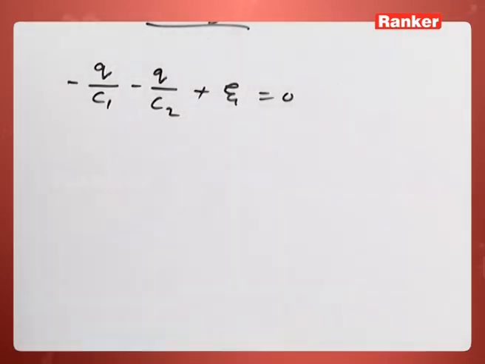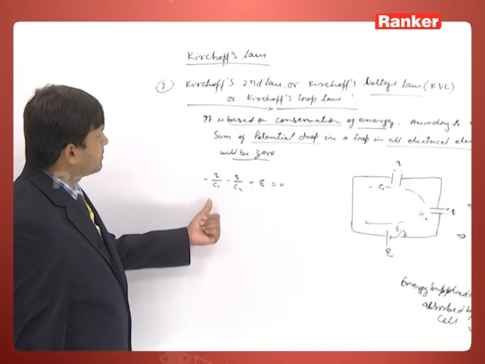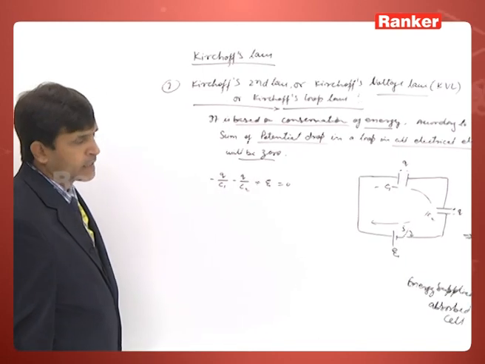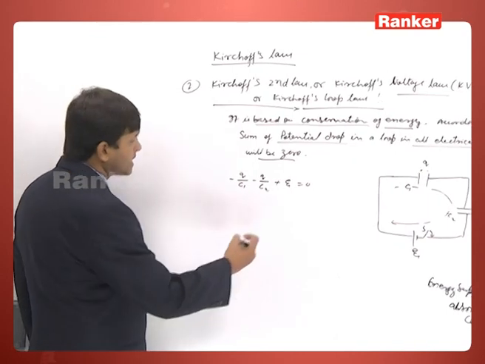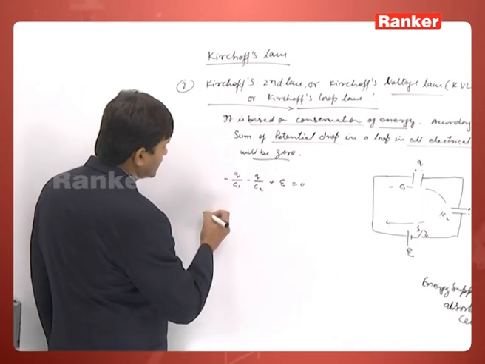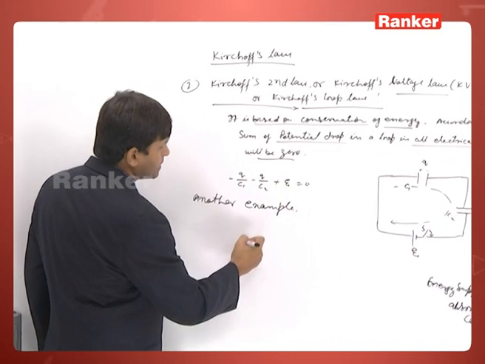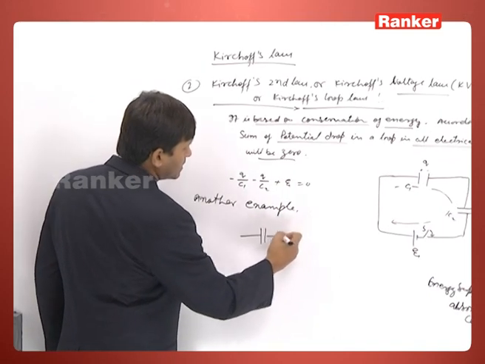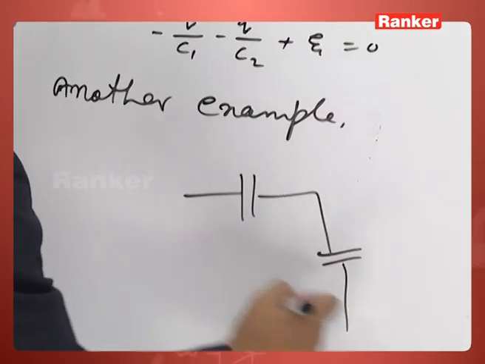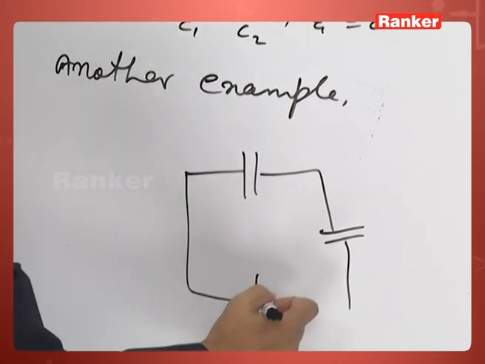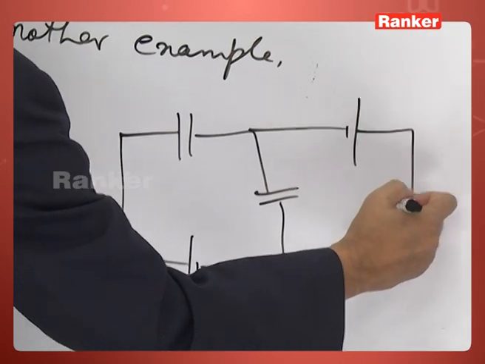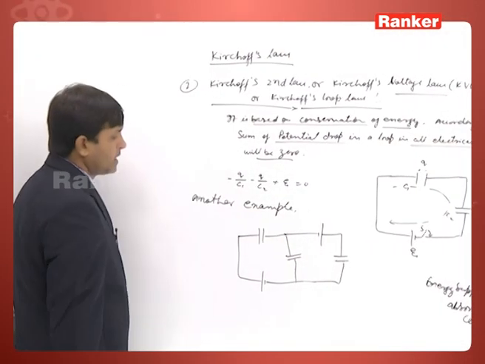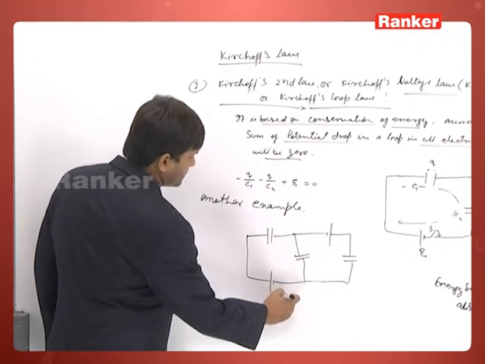This is the equation we can make by using Kirchoff's second law. Similarly, let us consider another example, where this type of distribution of capacitors is given. There are two loops here.